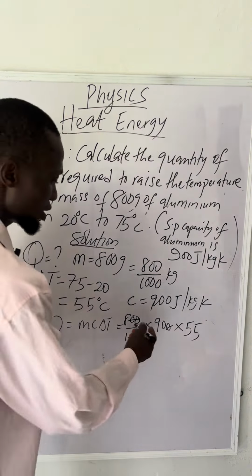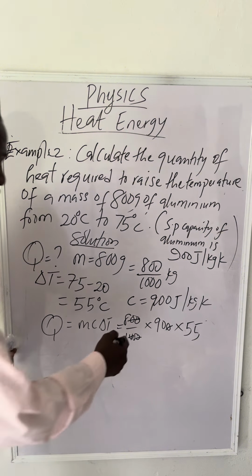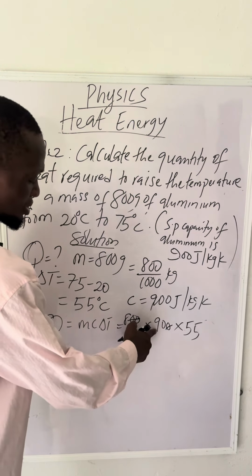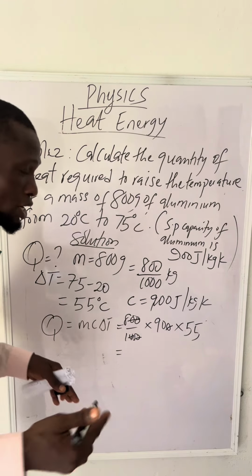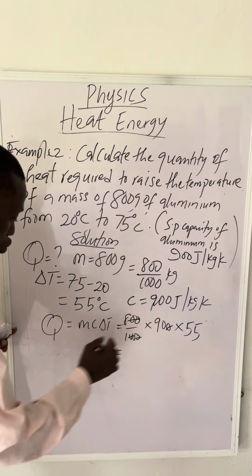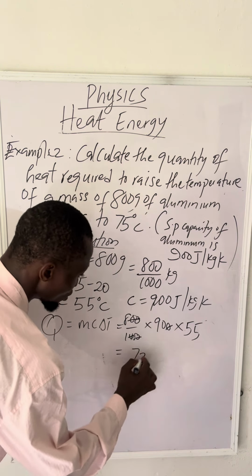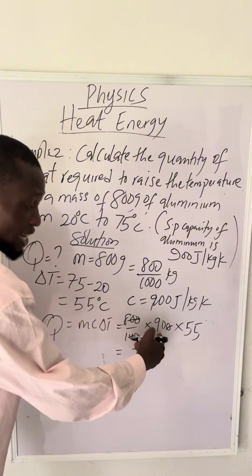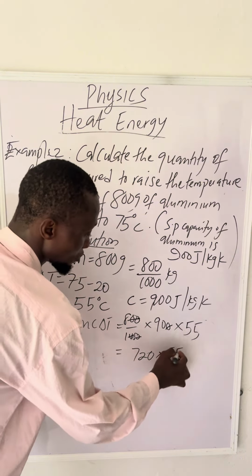Good. So the next thing is to multiply what I have left. I'm having 8 times 9, which is going to give us 72, right? So 8 times 90 is going to be 720, times 55.